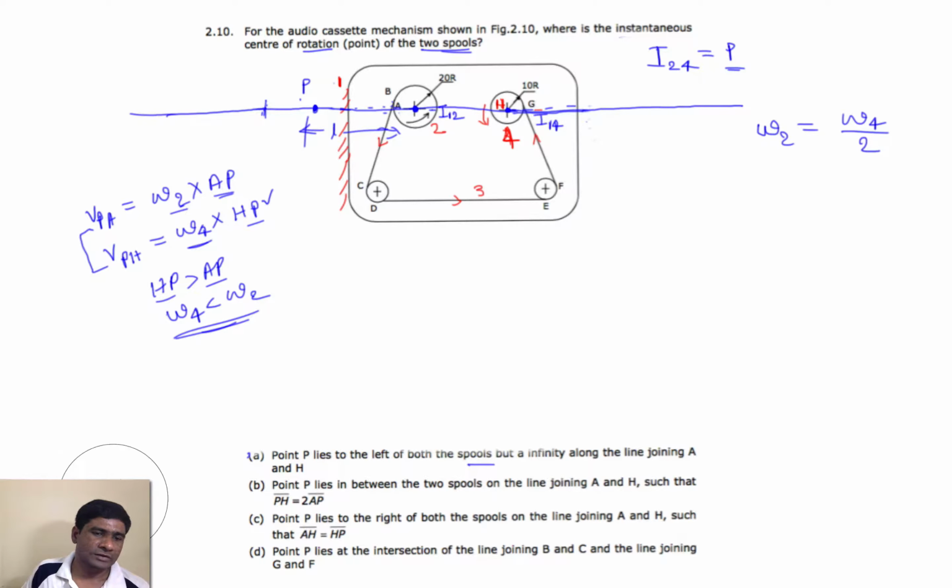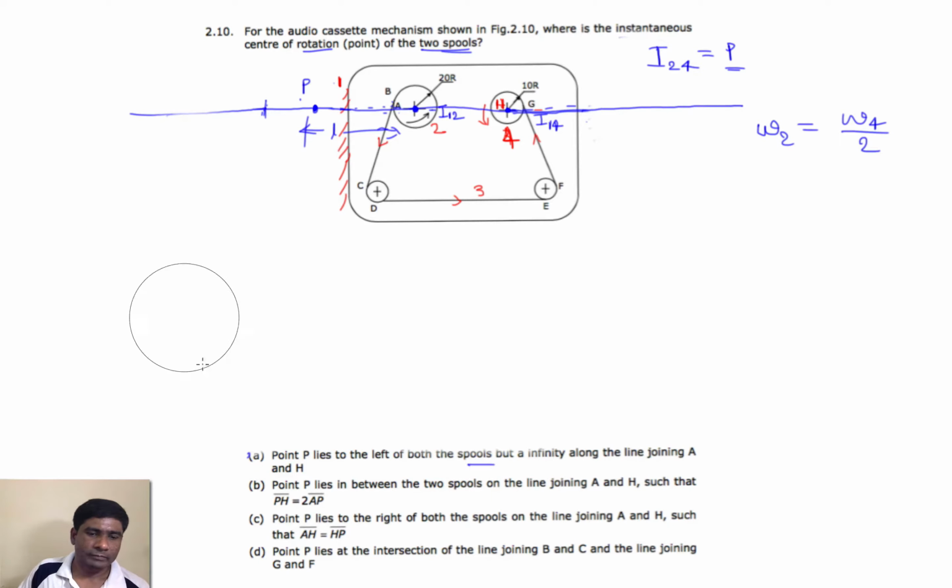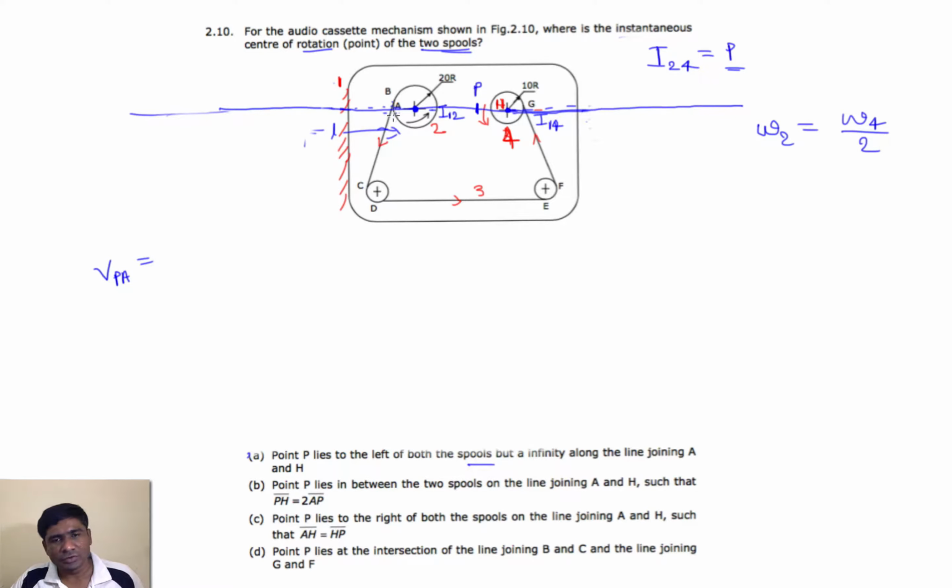And let's consider the second option. That is, point P lies between the two spools on the line joining A and H such that PH equals 2AP. So for example, if the point is lying somewhere here, let's calculate the velocity of P with respect to spool A, using the same technique.